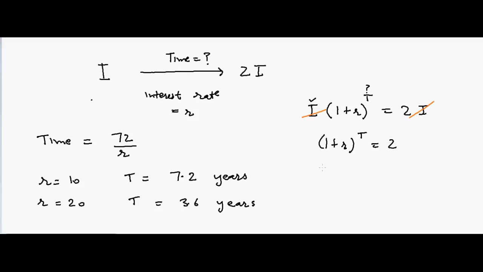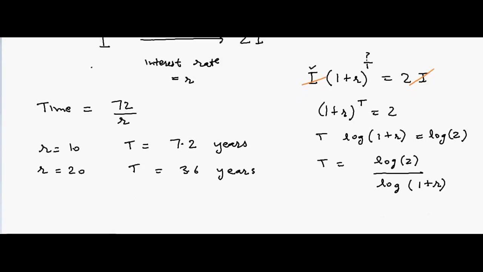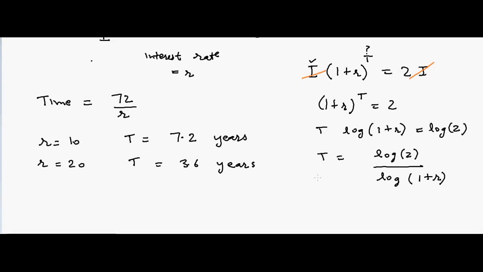Further, if you take log on both sides, it will be t times log of 1 plus R is equal to log of 2, or t is equal to log of 2 divided by log of 1 plus R. Now let me go to Excel and try to solve this equation.